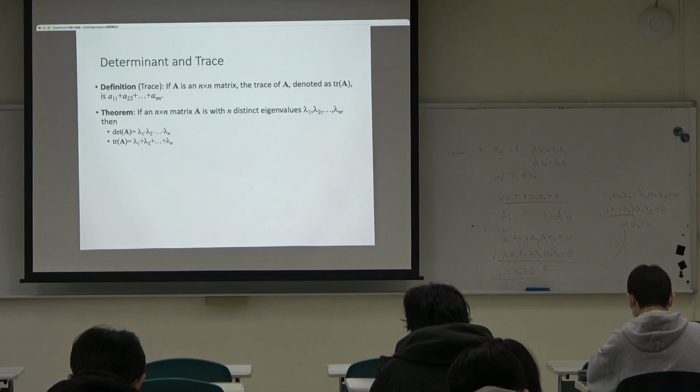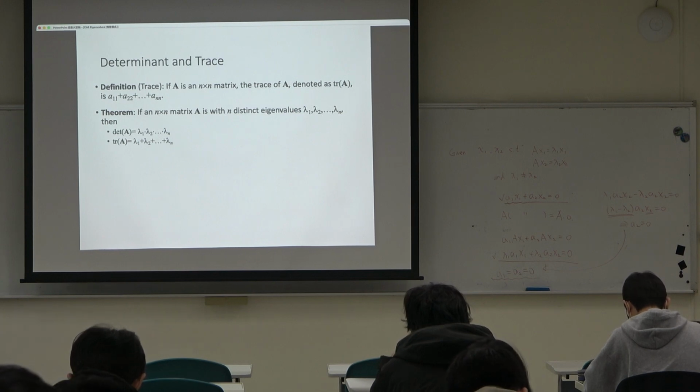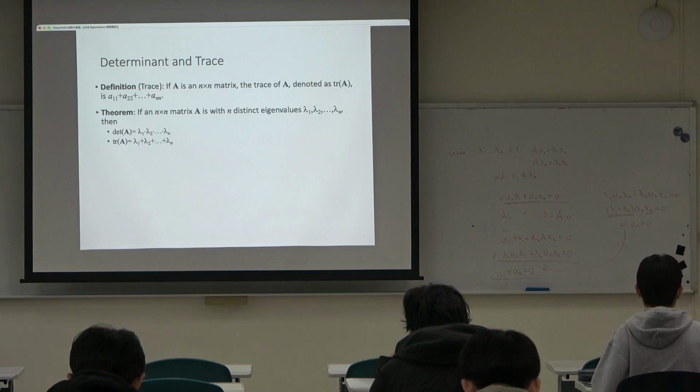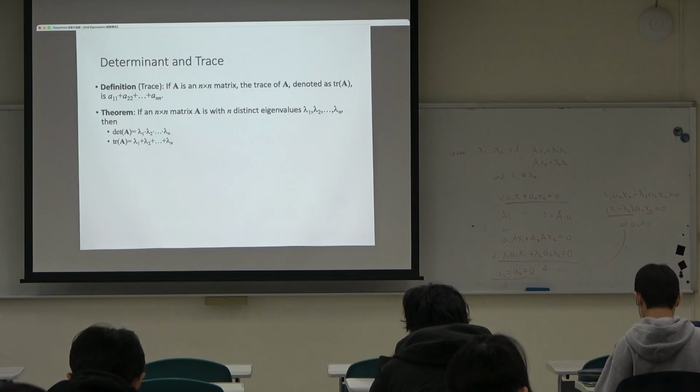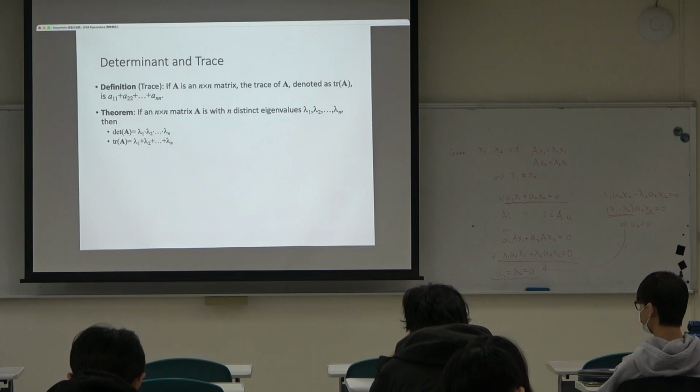If an n by n matrix A has n distinct eigenvalues, lambda 1, lambda 2, up to lambda n, then the determinant of A is lambda 1 times lambda 2 times ... times lambda n.